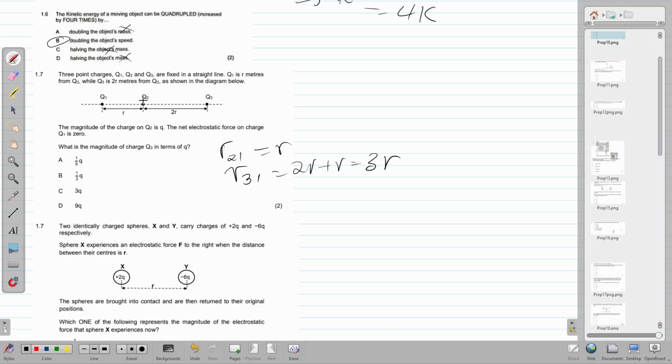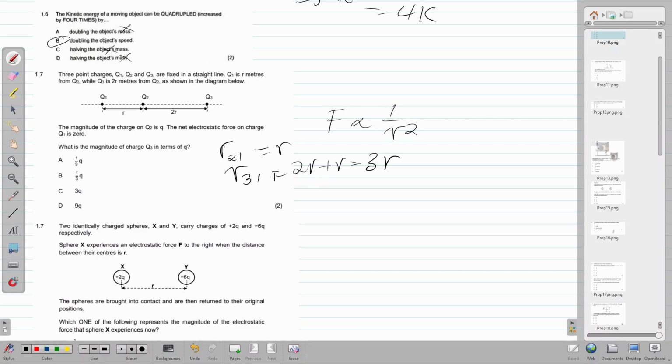If the magnitude of charge Q2 and the magnitude of charge Q3 were the same, then the force that Q3 exerts on Q1 would be 9 times smaller than the force that Q2 exerts on Q1, because force is inversely proportional to the square of the distance.